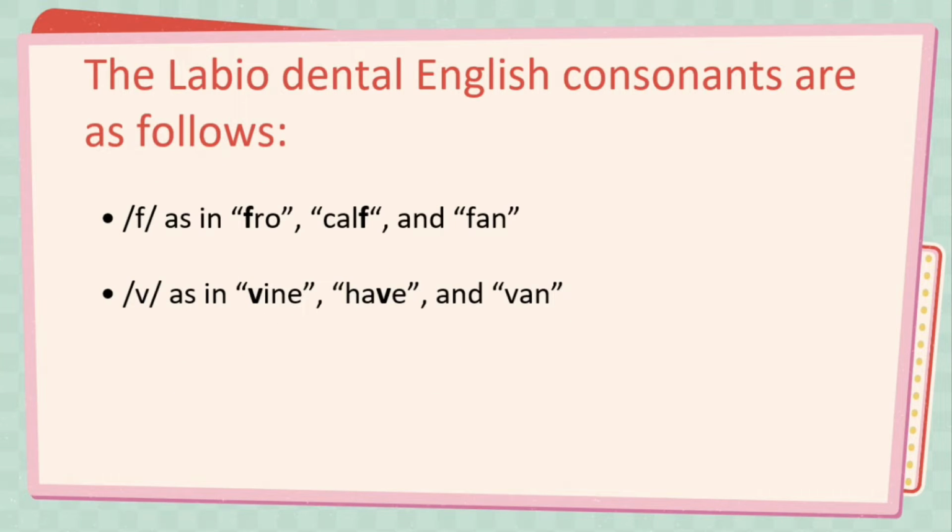The labiodental English consonants are as follows: f, as in fro, calf, and fan. v, as in vine, have, and van.